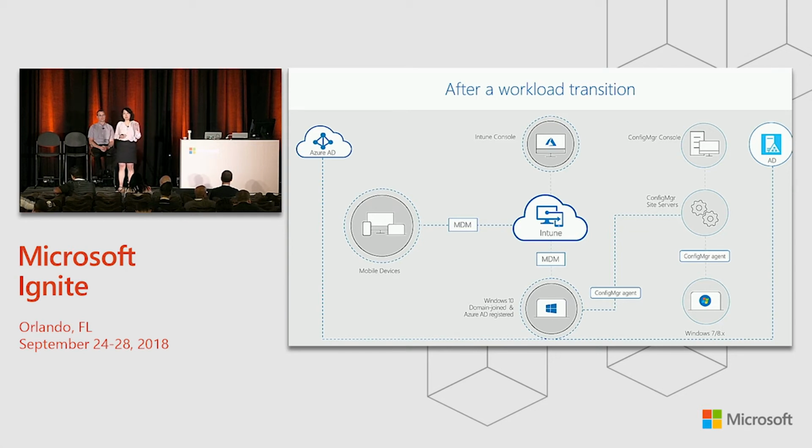So with this opt-in model, we know that Intune now can take over. So what happens is that Intune policy is now flowing down for that specific workload. And on the ConfigMgr side, even though the deployments are still in place, the agent actually backs off for that particular workload.